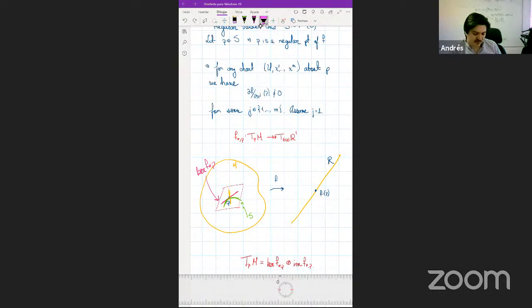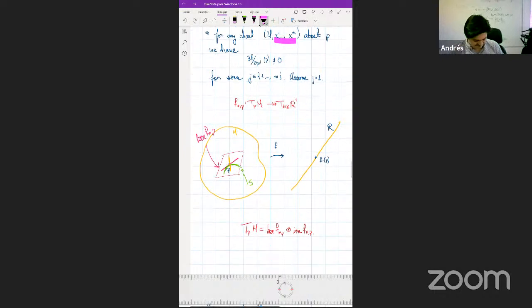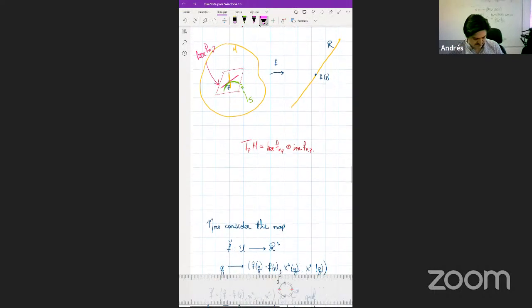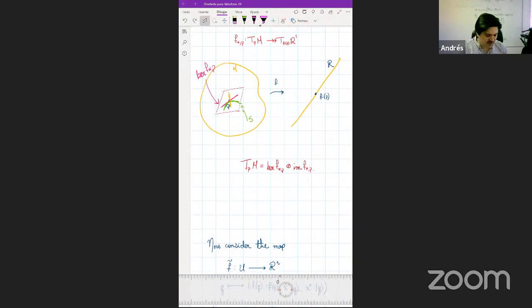So I have coordinates, and I'm assuming that at P, the differential with respect to x1 is non-zero. So I'm going to consider now this map. Remember that U in M is open. It's given by the manifold.